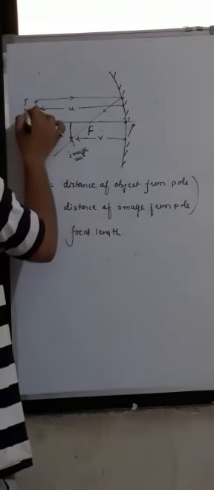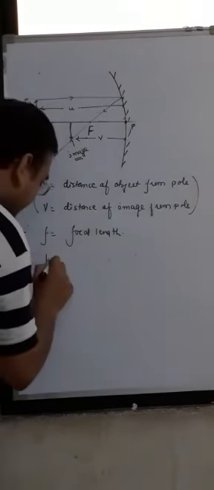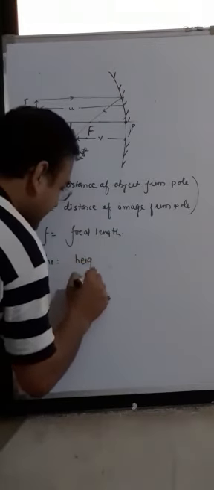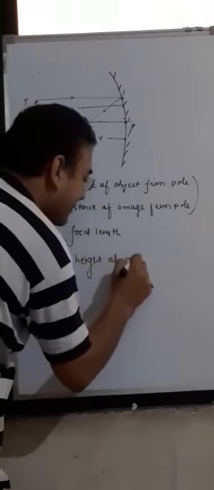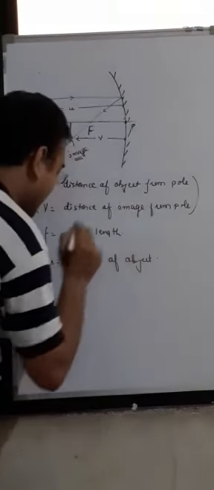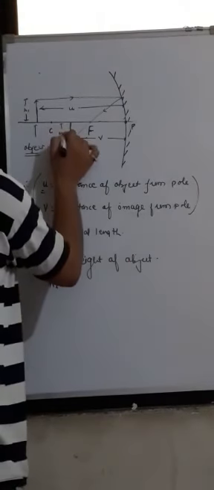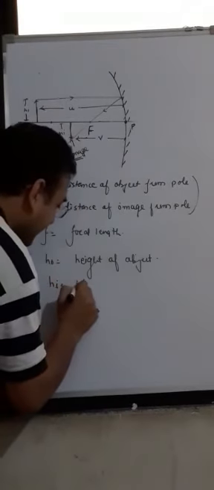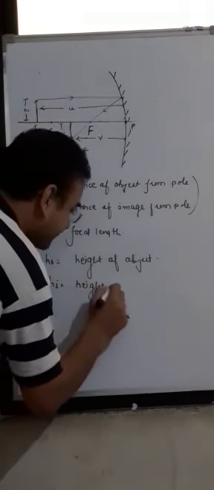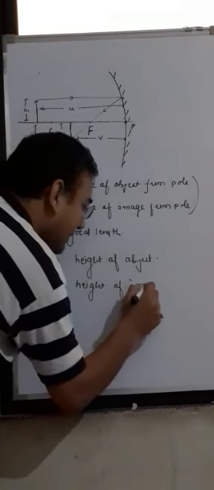Here this height is known as HO, height of object. HI is height of image.